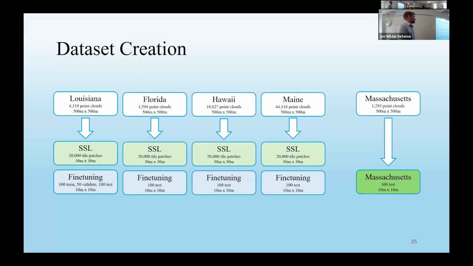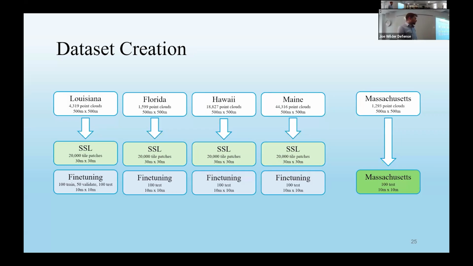So these are the 5 areas I picked. At the top, we've got Louisiana, Florida, Hawaii, Maine, and Massachusetts. The first 4 locations I draw from to create a self-supervised learning unlabeled data set. What I do is look at all of the larger 500 meter by 500 meter tiles, and I extract smaller patches from each of the tiles so that it's easier to put into the model.